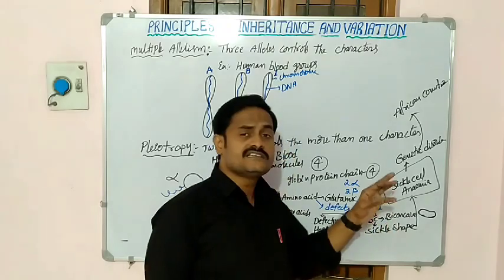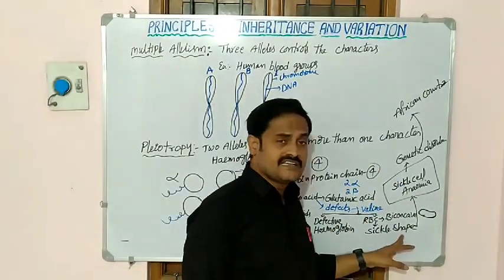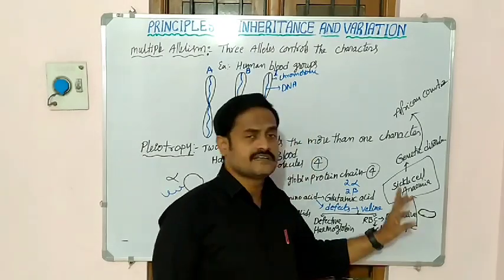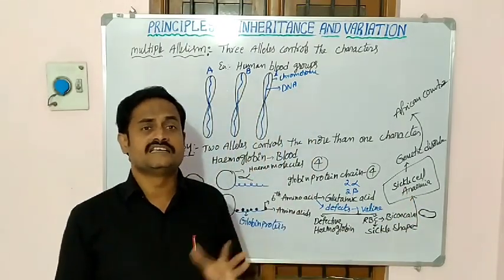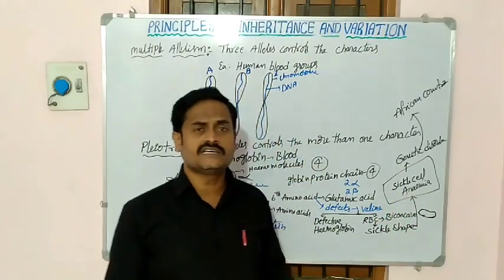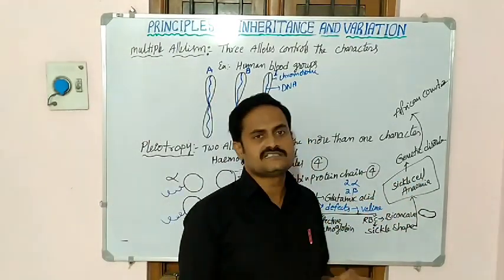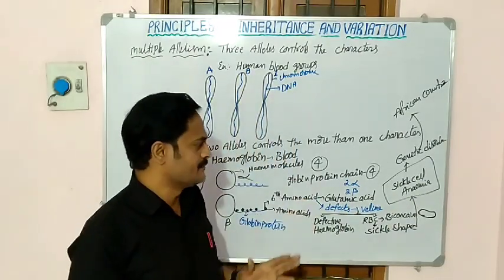The RBC cell shape is changed and it is converted into sickle shape. This sickle shape leads to one genetic disorder, called sickle cell anemia. Mostly this disease is seen in people of African countries.